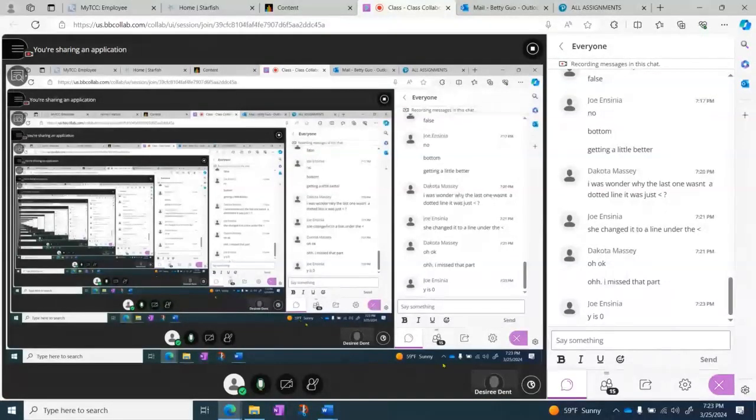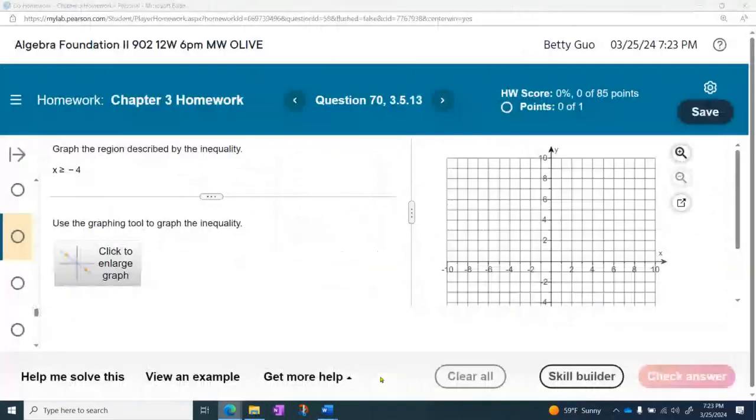The coefficient of y is 0. So what's the first thing we need to do? How do we deal with this inequality symbol? What is the boundary line supposed to look like in this case?